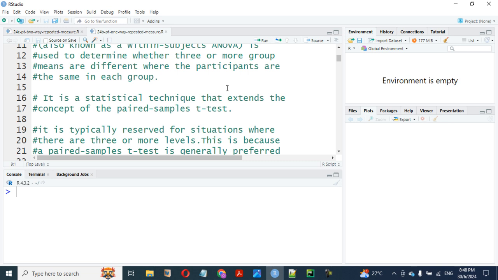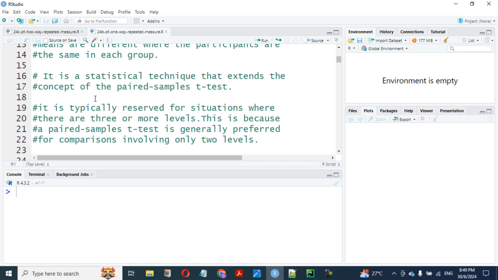The paired sample test is always time based. You have before, you have after. So the same thing is extended here under repeated measures. The only difference is that you have more than two, and that is repeated again. That's exactly what we're talking about.